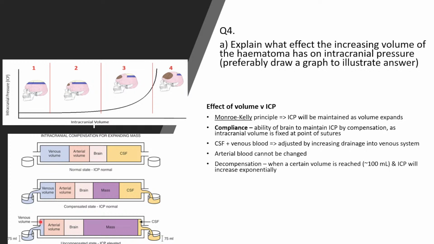So it can change the amount of venous volume and the amount of CSF being drained. However, once we reach a point where there's too much of a mass, usually 100 milliliters in the brain, the intracranial pressure will start to increase exponentially. That's because you've exhausted all the CSF and venous volume that you can. Therefore, you get no drainage.